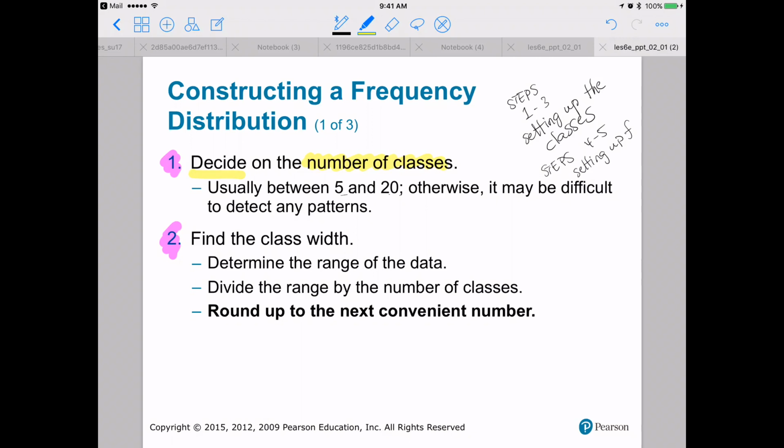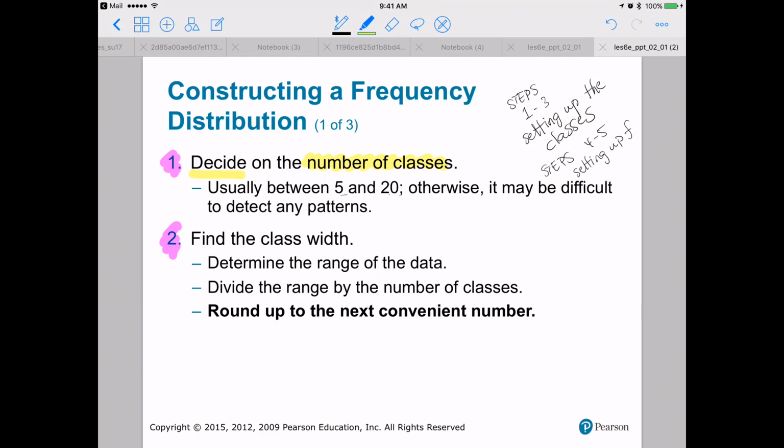And the reason why you don't want to have less than 5 is because if you have too few groups, think of a class as a group, if you only split your data into 2 groups, it's going to be hard to notice patterns. Or 3 or 4 groups, or 1 group. There's no point to having 1 group, right? Because you're not able to notice any trends or any patterns. And if you have a lot of groups, like over 20 classes, then it also is very difficult to find any patterns because you're going to have several classes probably that don't have any data points in them. So a good number in general is any number between 5 and 20. Okay? And it's not a hard and fast rule, it's more just guidelines.